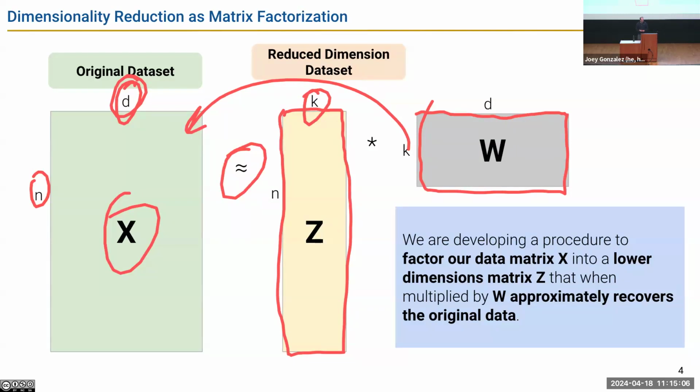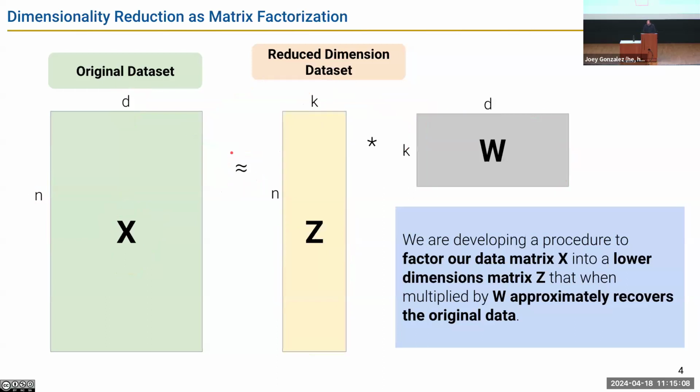Wouldn't that be nice? Okay, so that is what I want. And I really just want the Z so I can make pretty pictures. And principal component analysis is about finding this W. And in finding this W, I will also find this Z.